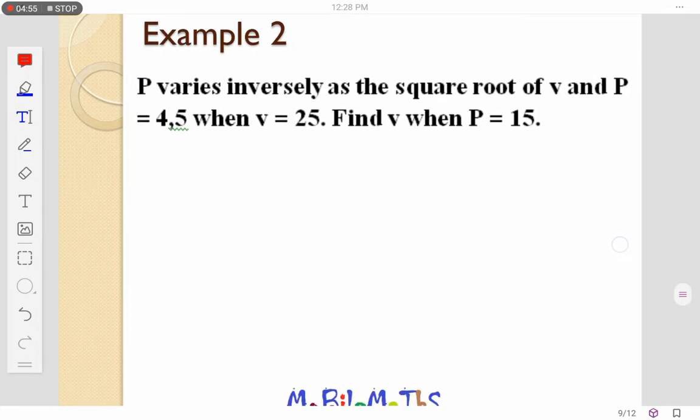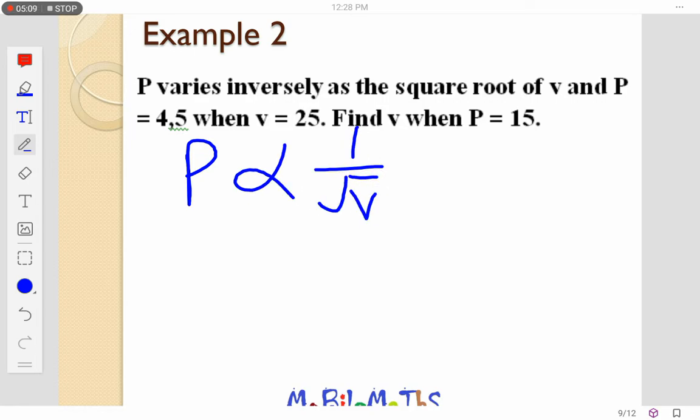The next example is this. We've got P varies inversely as the square root of v. We have a square root here. Now we are given p as this and v as this. Let's substitute to get our k. We introduce a constant.